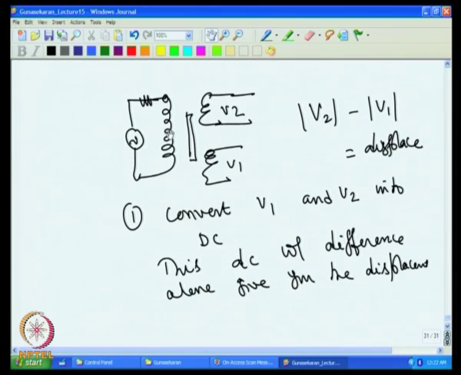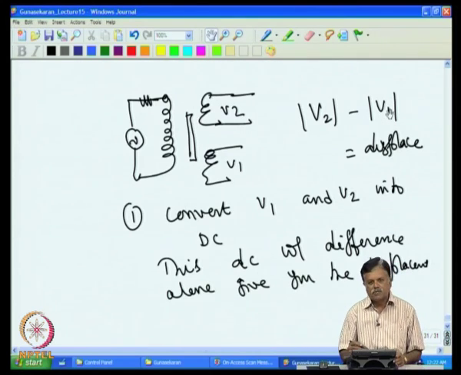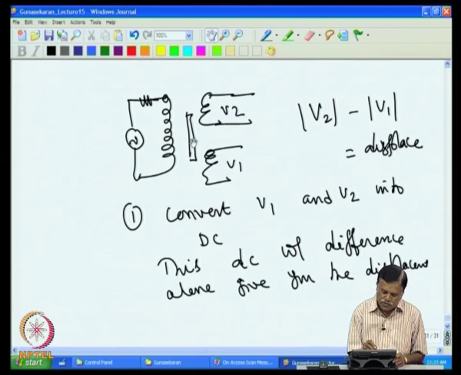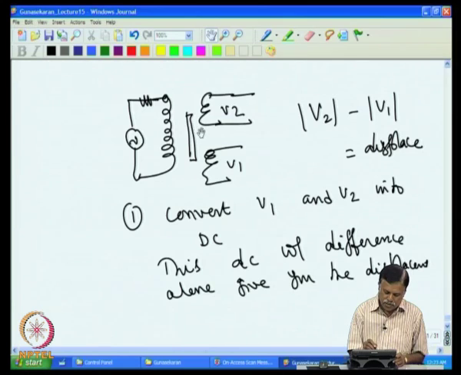So, as the temperature increases, this resistance increases, and consequently you have less voltage across the inductance, even if the applied voltage is constant. You will get reduced voltage in V2 and V1 proportionally, and that makes the V2 minus V1 difference also change with temperature. So, for a given position, even if the position is constant, the difference between V2 minus V1 changes with temperature. This is because, mostly, the resistance of the wire changes, and that creates a problem.